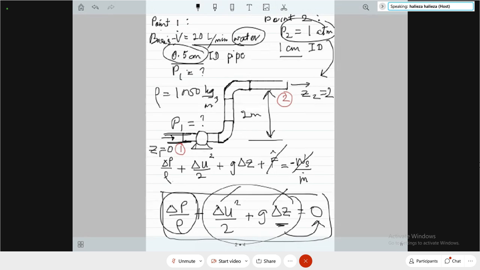So 1 atm, if you look at the conversion unit at the front page of your textbook, in terms of pressure, let's have a look. Pressure 1 atm is equivalent to, what is it? 1.01325 times 10 to the power of 5.